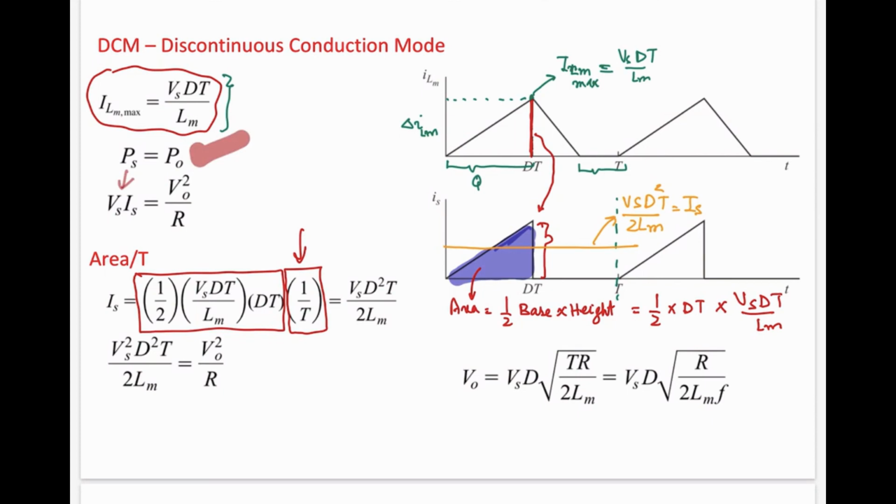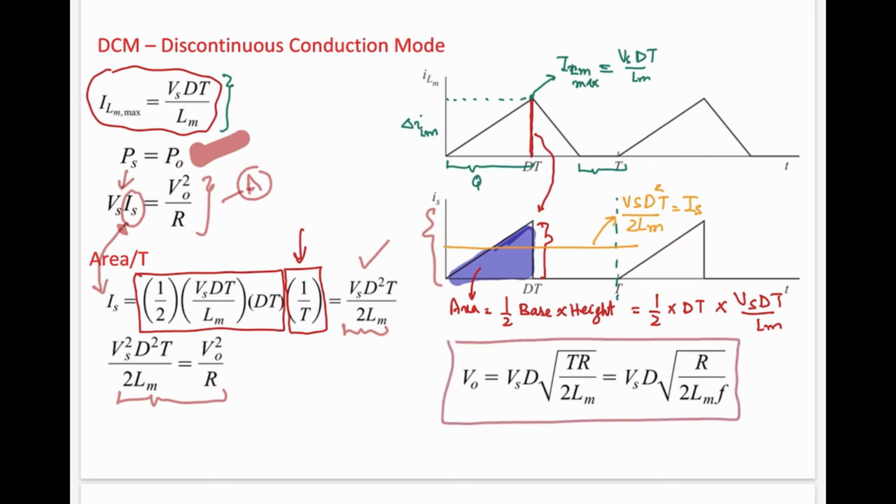So the supply power is Vs into Is and the load power is V square by R. So in this, if I replace this Is with the value of Is that we have just seen from this waveform, by taking the area under this curve and dividing it by T, using this value of Is in equation A, I can write Vs into Is, taking the value of this Is from here, equal to V naught square by R. And if I solve it for V naught, the output voltage in the case of discontinuous conduction mode, that will be given by this expression.